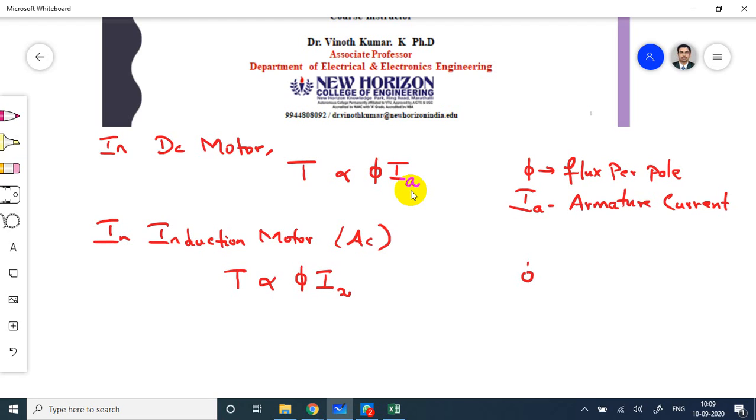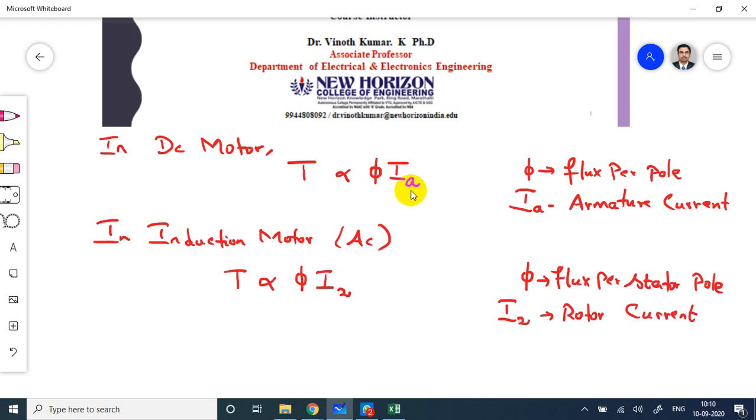That is, phi is the flux per stator pole, and I2 is the rotor current.